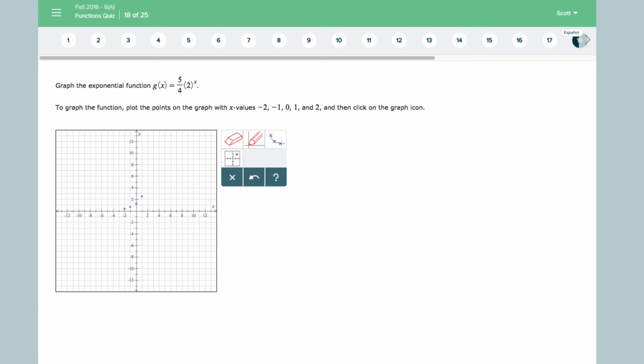And the last one, 2. Plug that in. We have 5 over 4 times 2 squared. 2 squared is 4. So 5 over 4 times 4. And that's the same thing as 5 over 4 times 4 over 1.